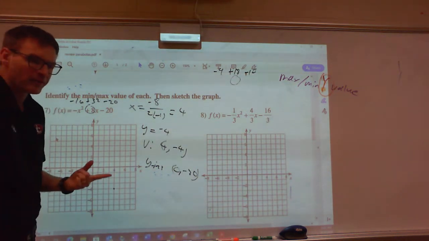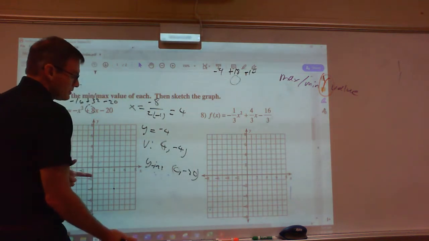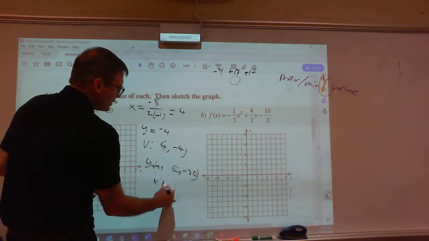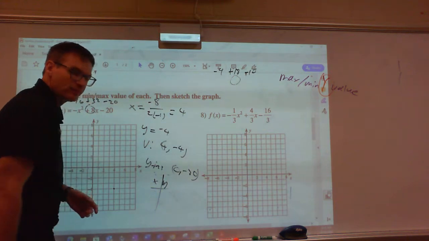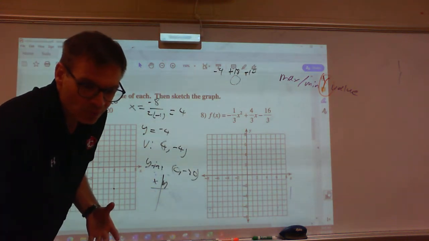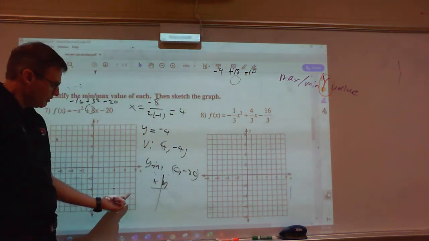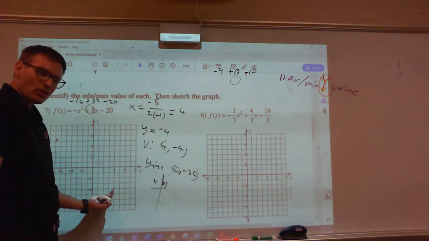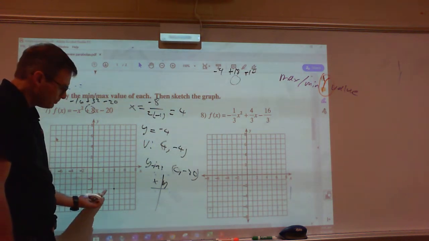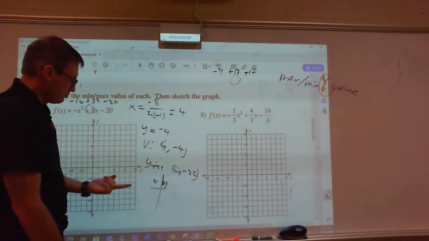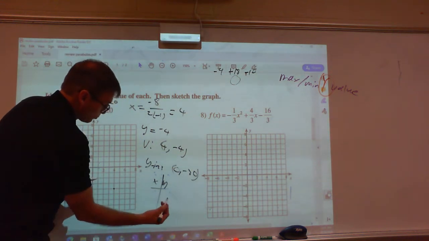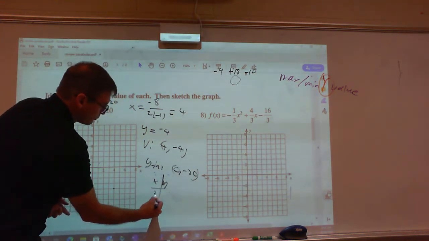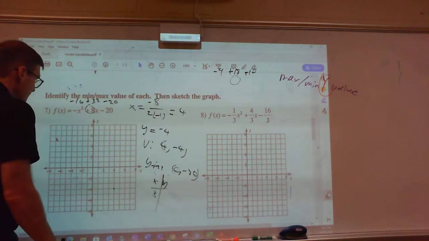How you can plot that one other point is imagine a really small XY chart. You want to pick an x value that's really close to your vertex. Since the x value is 4, I'm going to plug in either 3 or 5. I have a feeling the 3 is going to be a little easier to deal with.